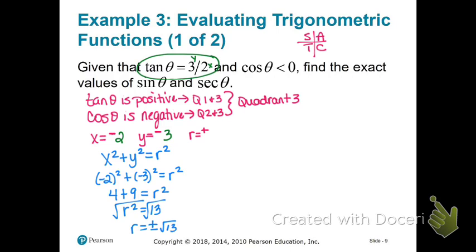So when we solve for r, we get r is equal to the plus or minus square root of 13. But you already told me r is always positive, so I'm going to use the positive square root of 13 there.